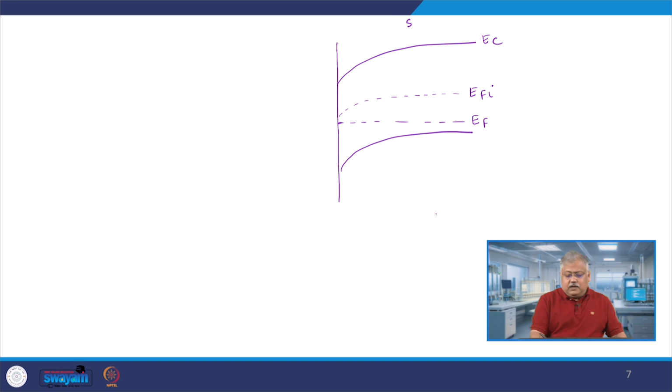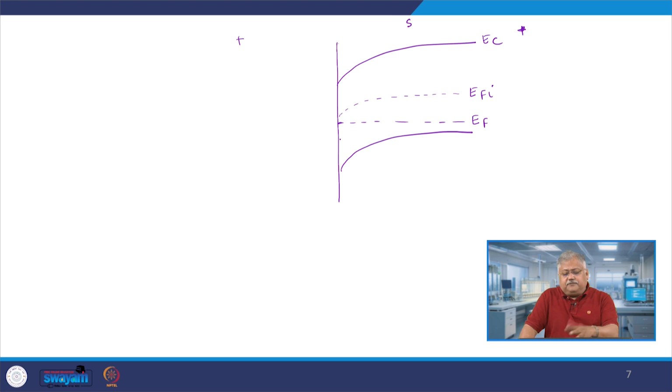Why? Because you have applied a positive bias, and therefore effectively what you are seeing is that the dipping will take place on the p side. Dipping primarily means that your EFi is coming closer to EF in that sense, right.